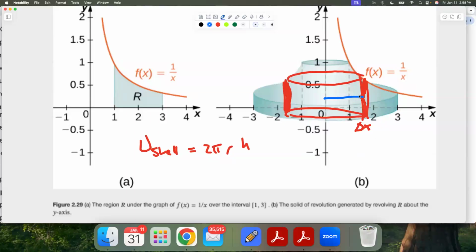My radius is always x because I'm out at some location x. Remember, we're going to be building all of these all the way from here all the way out to here. So that radius is changing, and that's at location x. So I know that. The height, that's this distance here. That's 1 over x at location x.